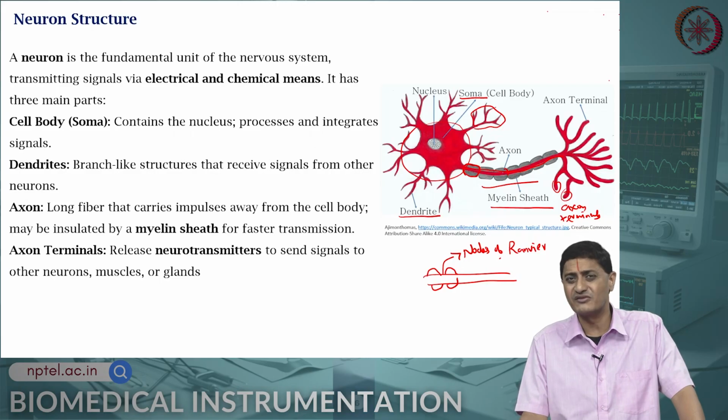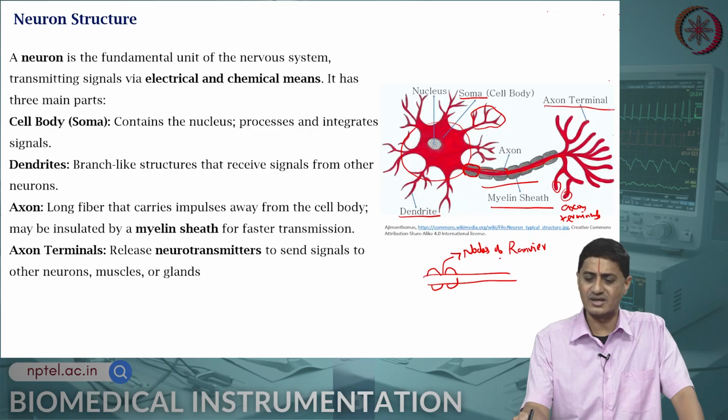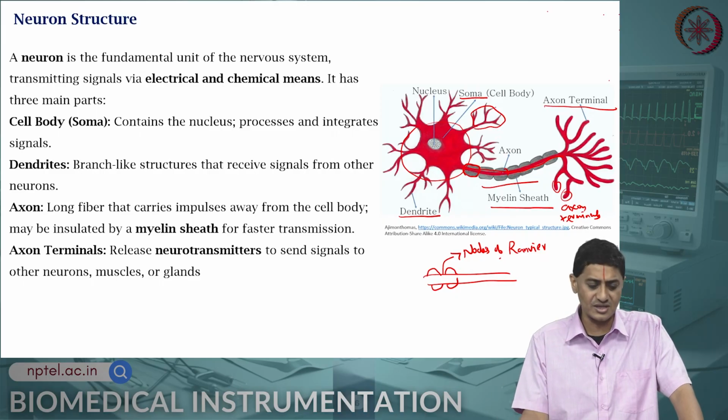How does this enable faster transmission? I have discussed in my other courses, please do check. And then there are these axon terminals. These essentially release neurotransmitters to chemically communicate with other neurons or other excitable cells.